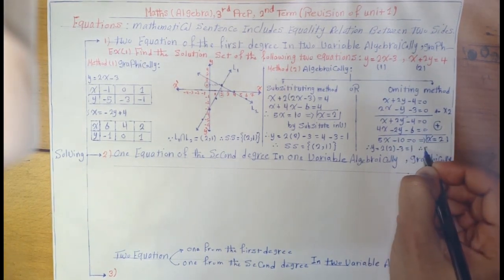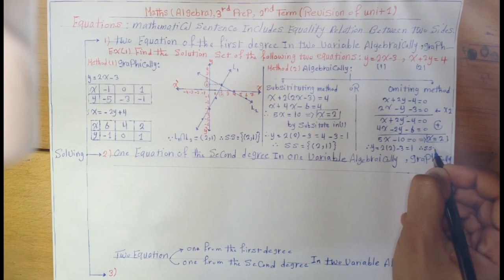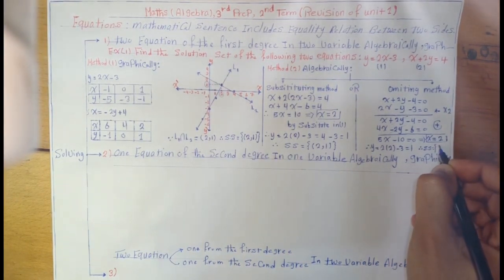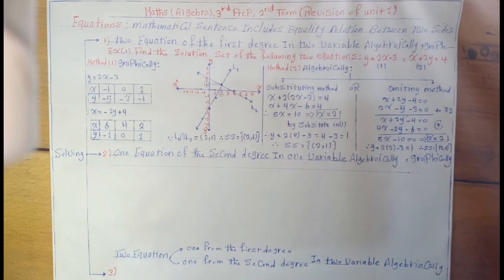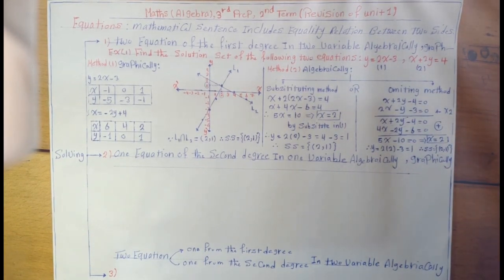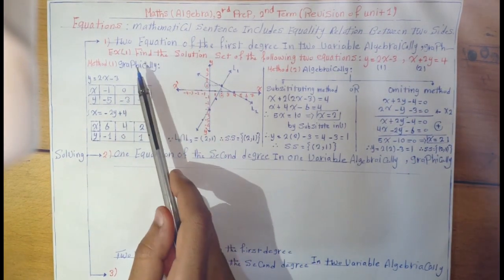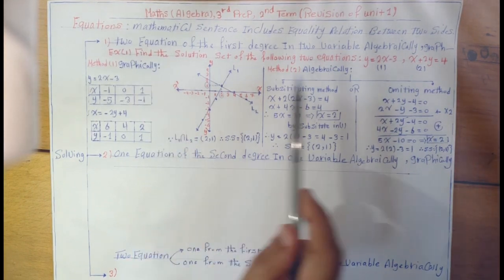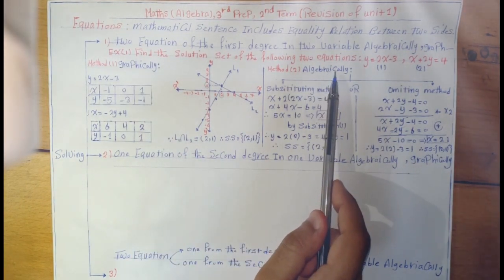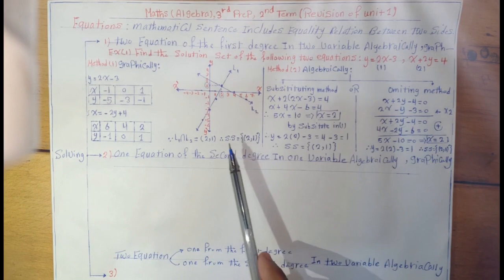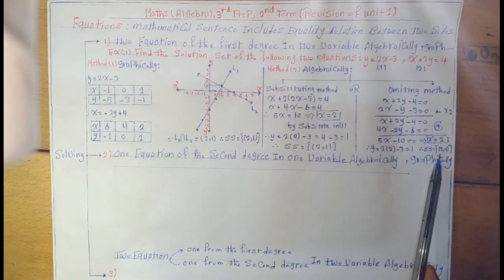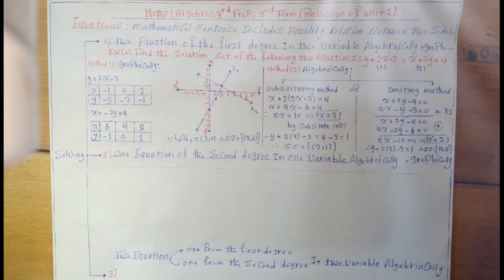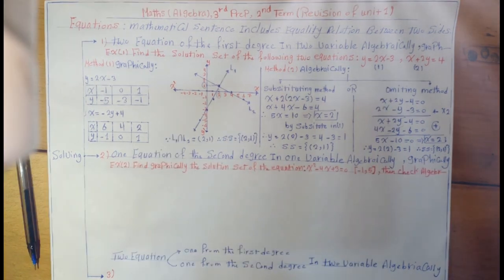Then the solution set equals the ordered pair (2, 1). We notice that the first method, graphically, and the second method, algebraically, get the same result: (2, 1). This is the first example.